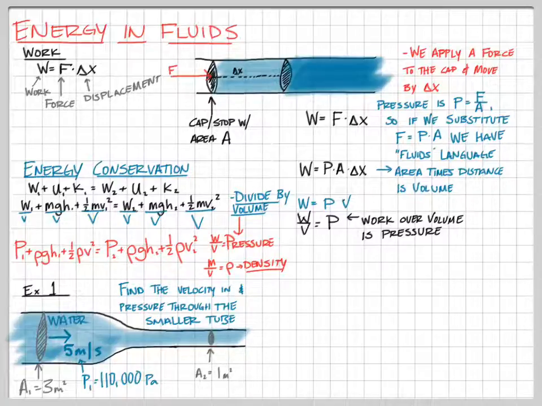So let's look at the velocity first. Speed first. Here we're going to use the continuity equation, or the idea that as the area gets smaller, the speed has to go up. So area 1 times velocity 1 equals area 2 times velocity 2.